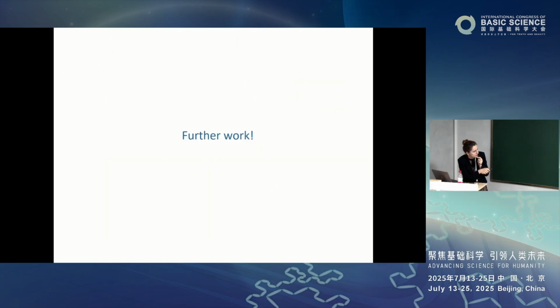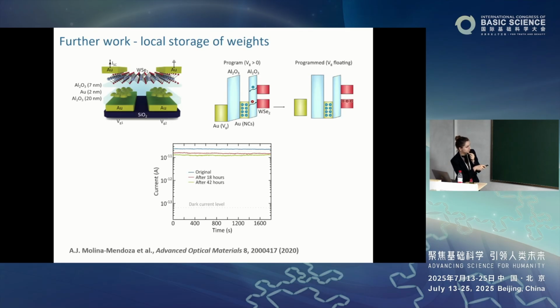Okay, further work, because it's not the end. It was the end for me, because I left the group. But there were people in the group still working on it, and they did some amazing work that I thought was worth mentioning. For example, here Adai extended the previous idea, and he actually made a photodiode that is a memristor, so it remembers how it was adjusted, which gate voltage was applied to it, by storing charge in this floating gate that is a clustered gold.